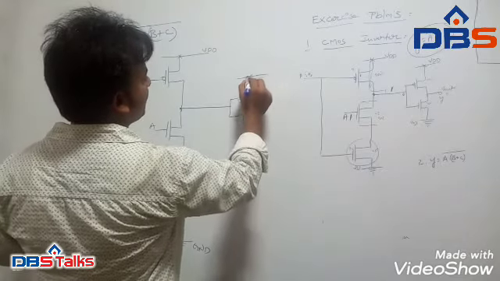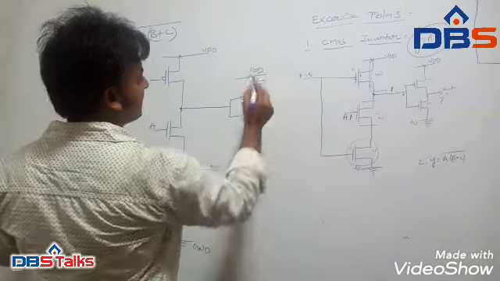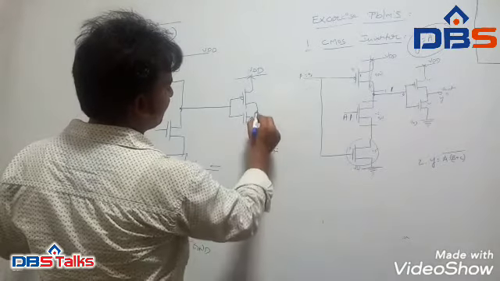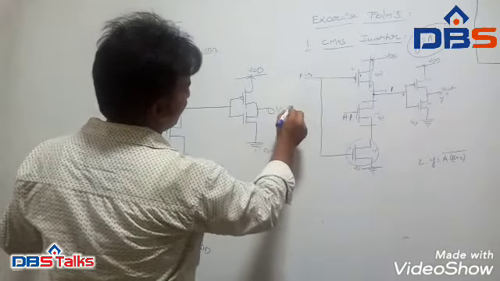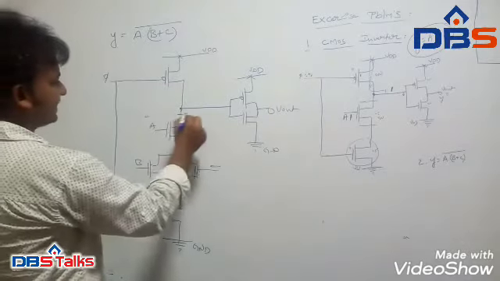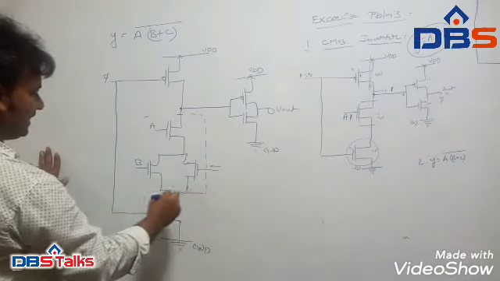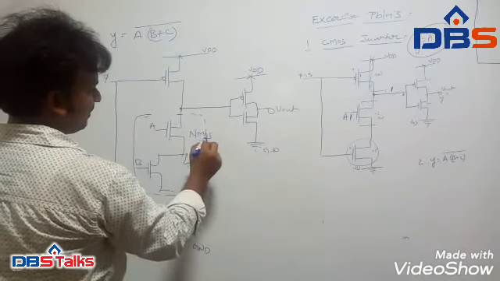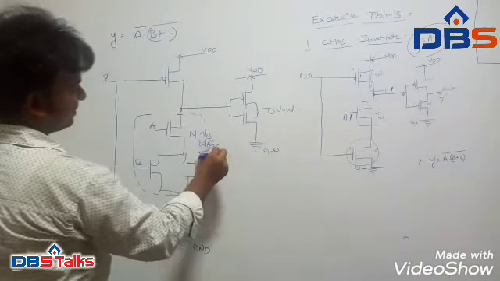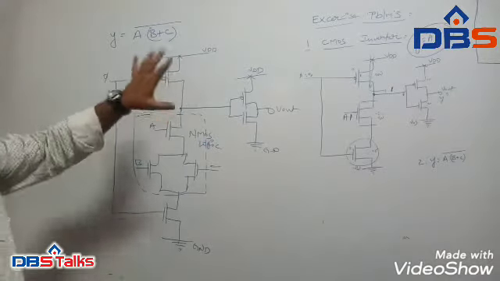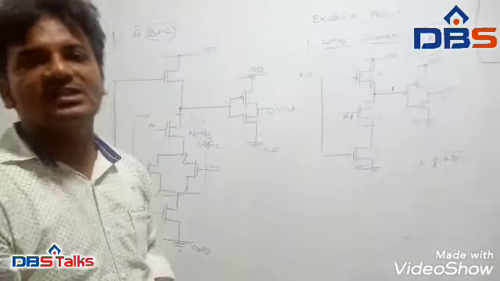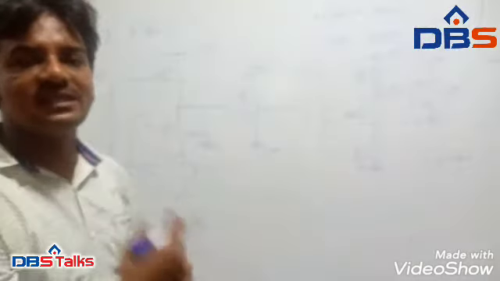For the PMOS we connect the VDD supply voltage, for the NMOS the ground connection, and finally you get the VO. This entire setup has the NMOS logic. In this way we can design any type of logic functionality or logic expression.